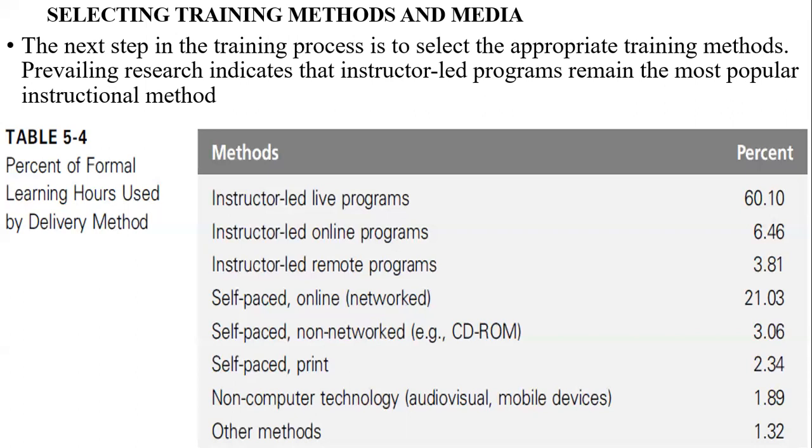This is where the program and its materials are pre-recorded, but not made use of through the internet or online. So it could be pre-recorded on a CD-ROM, or in a book, or an audio of some sort. Then self-paced print. A typical example could be a brochure or a pamphlet administered to the trainees. Then non-computer technology like audiovisual mobile devices and other methods which might not have been mentioned here.